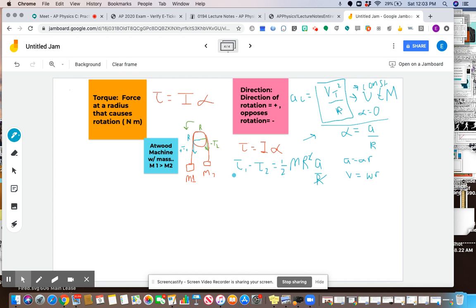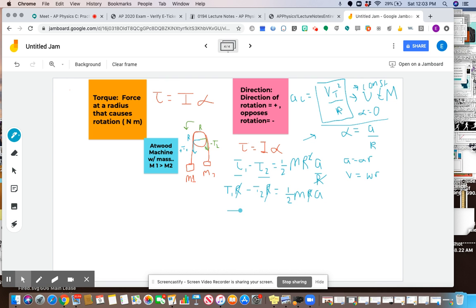I'm going to plug in the relationship for tau 1, which would be tension 1 at a radius R, minus tension 2 at a radius of R, equals 1/2 m times R times A. All of our radii would cancel when we divide both sides by the radius.